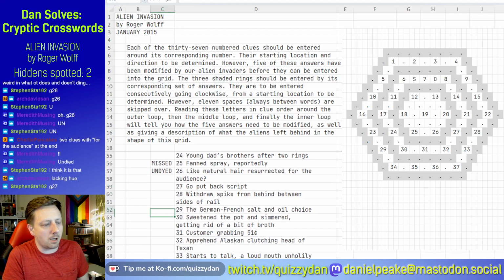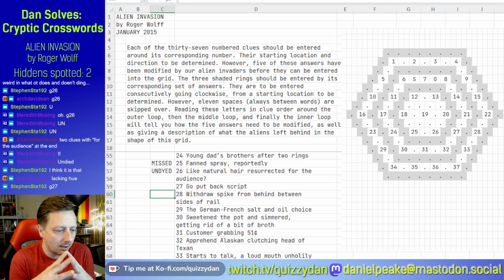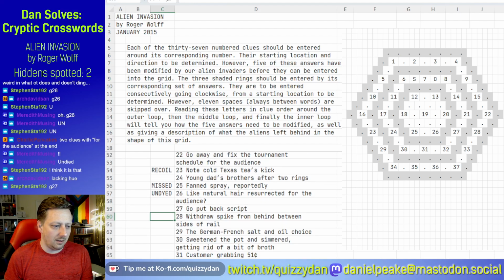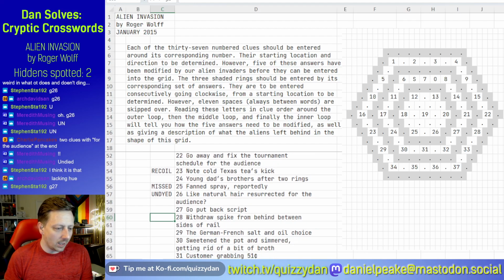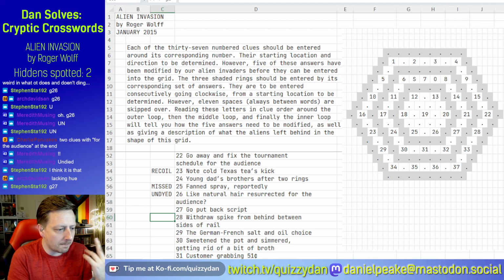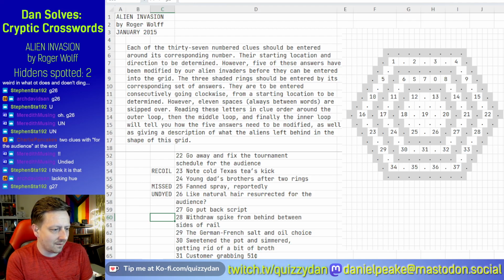Withdraw spike from behind between sides of rail. Okay, the sides of rail are R and L, and we're going to put spike from behind in R and L, and we're going to get withdraw. Don't tell me it's recoil. Is it recoil again? Because if you withdraw, you recoil in horror. Spike from behind between sides of rail.